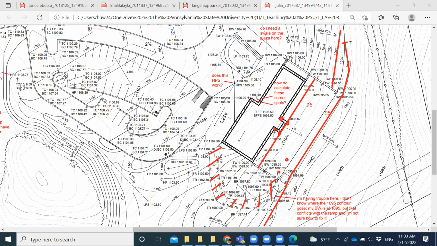So your 96 will be here, right? Instead of, so that one, this is determined by the slope along here. Yes, you don't have a drop. No, it's connected. It's paved and vegetated, but the elevation is the same.